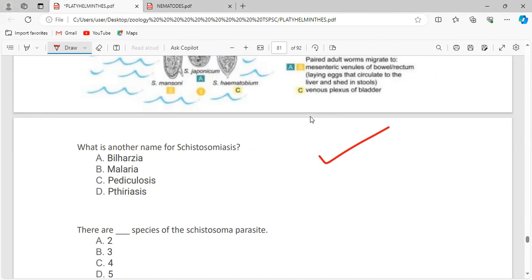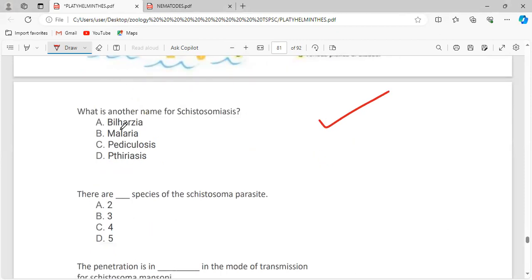Bilharzia, malaria, pediculosis, or thriasis? Why are you thinking so much? Answer quickly.